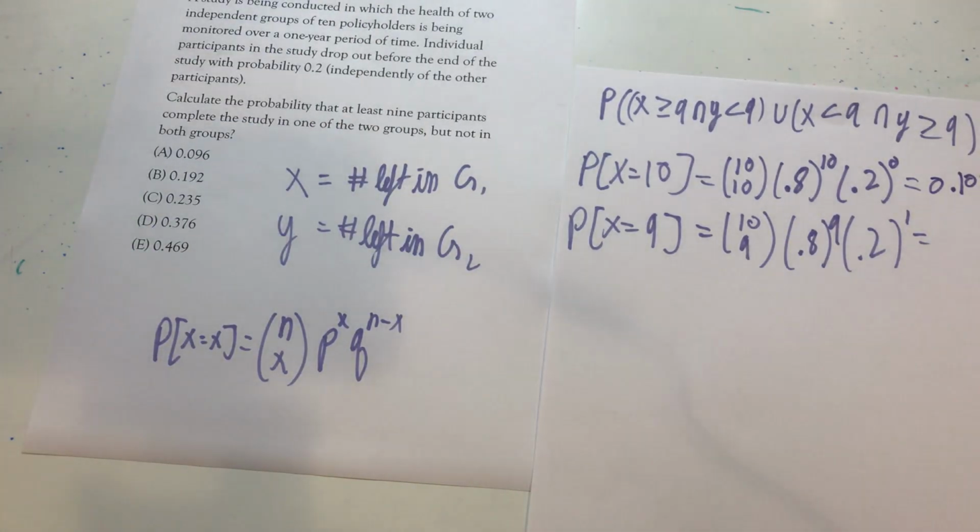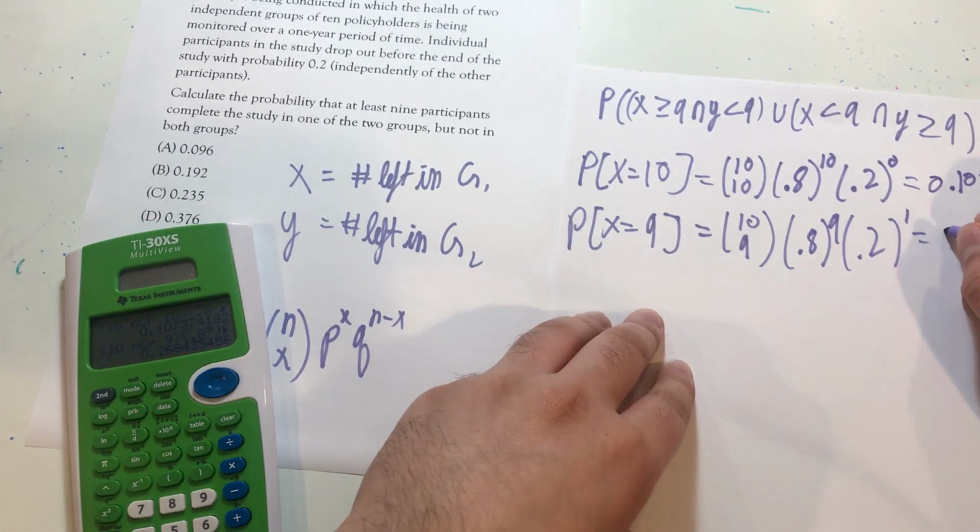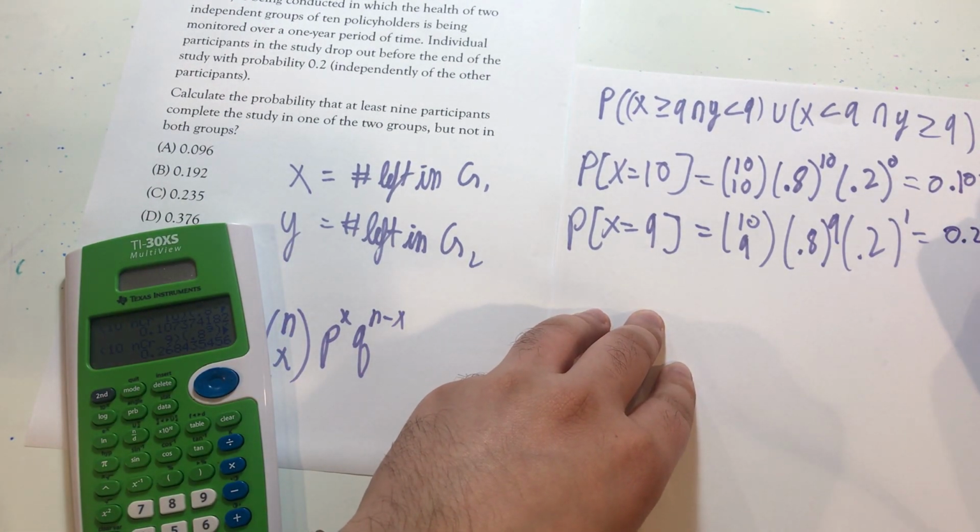And the same information here with 0.2 to the first, and that's equal to 0.2684.